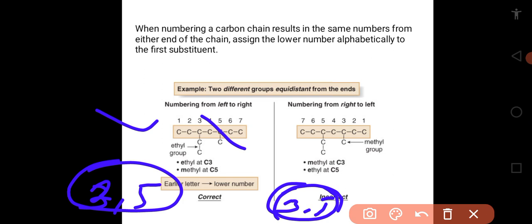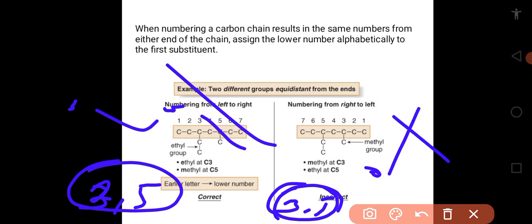So between methyl and ethyl, which one is supposed to come first? Ethyl, then followed by methyl. So what I want you to understand is the ethyl is at a lower carbon in the first one, while the ethyl is at carbon 5 in the second direction. So therefore, because ethyl comes first and it is lower for this compound, that is why it's considered correct and this one wrong.